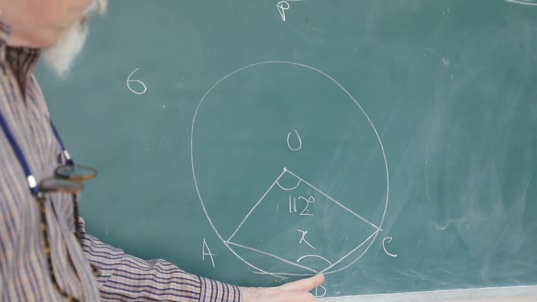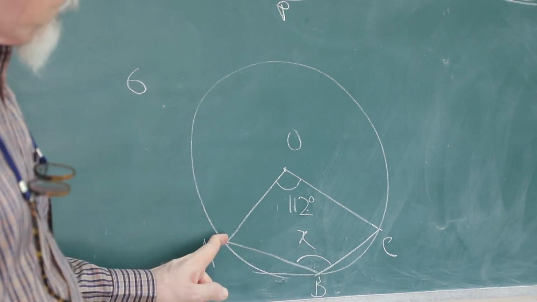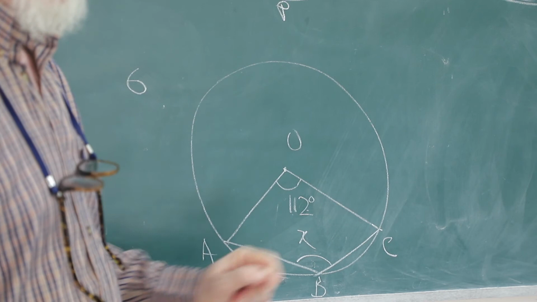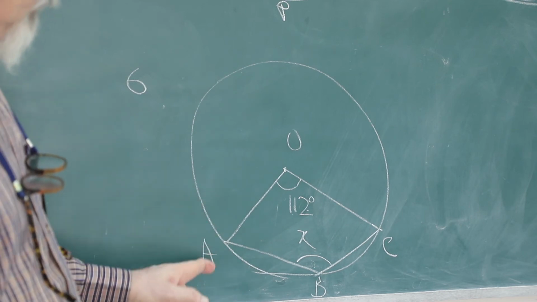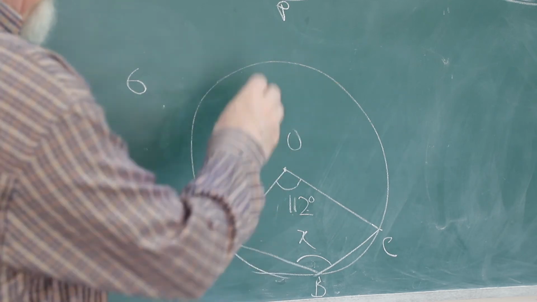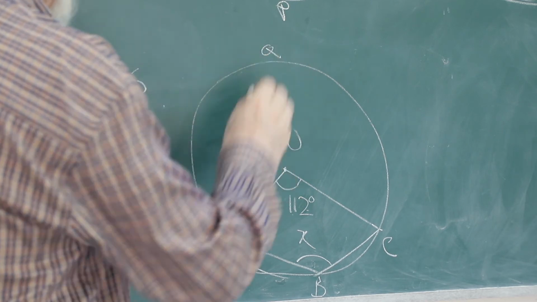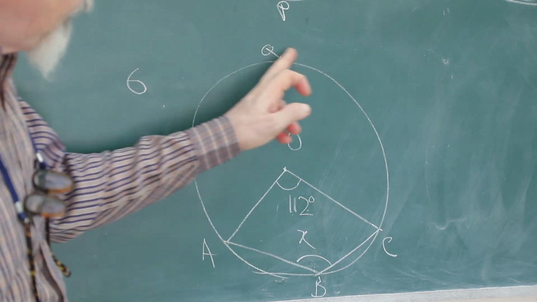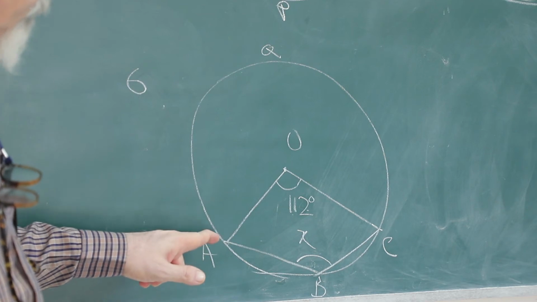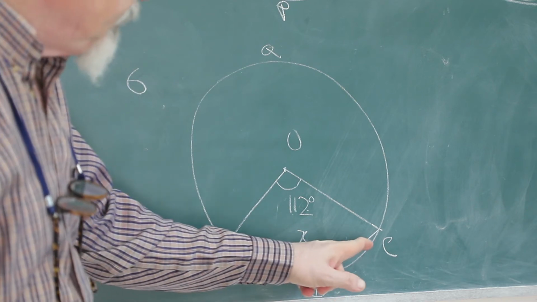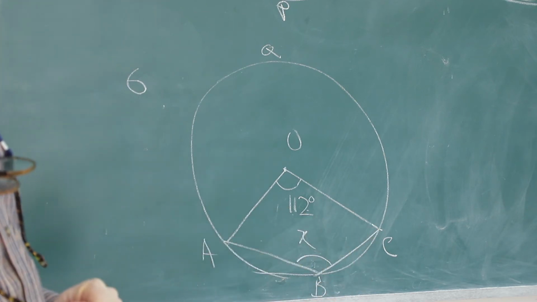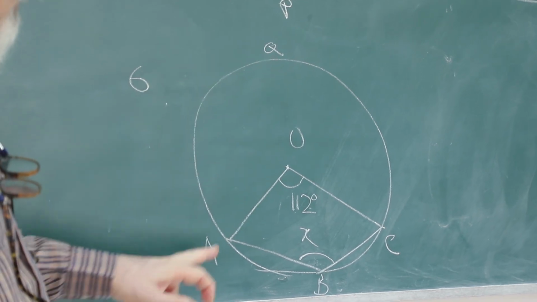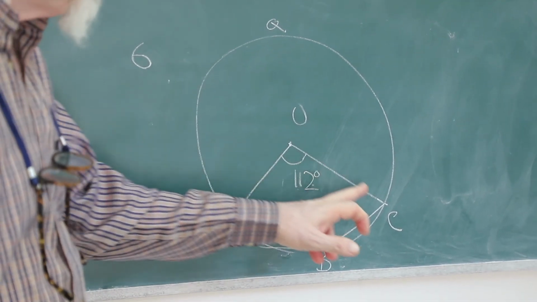So if point B is taken on the minor arc, that means the major arc is subtending that angle. Suppose I name it Q, then major arc AQC is subtending angle ABC at the circumference, and it is subtending reflex angle AOC.